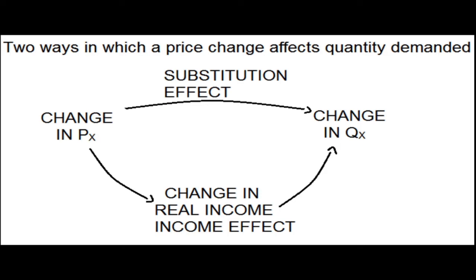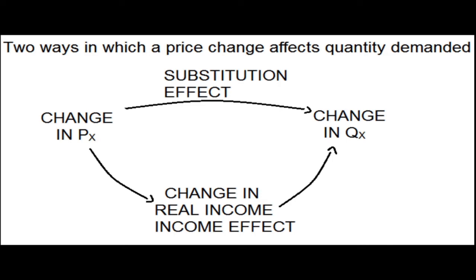The change in price of a commodity doesn't lead to change in quantity demanded directly, rather it does so by two ways. So what are the two ways?